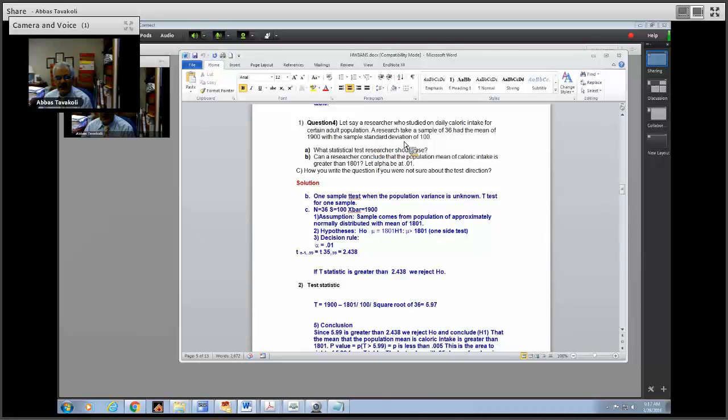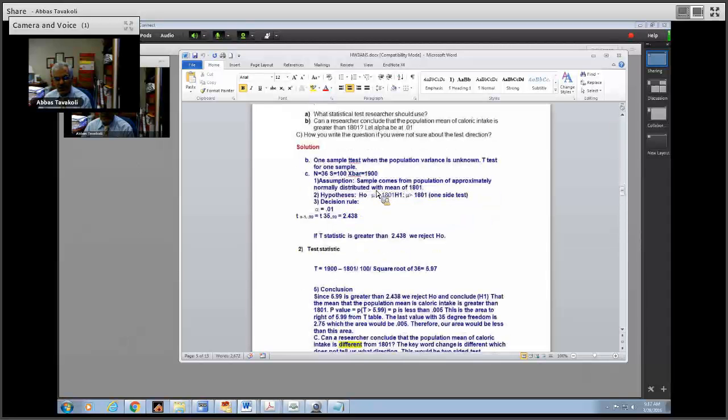Now, let's say a researcher studies daily calorie intake for a certain adult population. We have a sample of 36, with a mean of 1900 and a sample standard deviation of 100. So again, here you have your sample standard deviation.